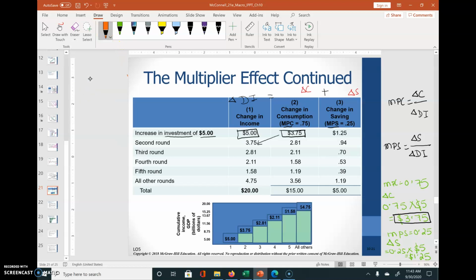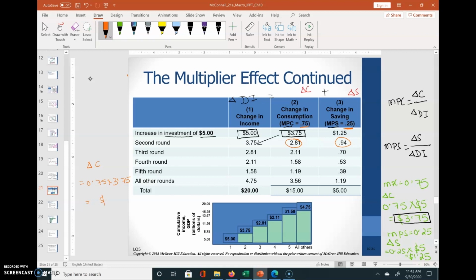That means I want to find out how we got 2.81, how we have 0.94 here. So the change in consumption in step 2 is equal to 0.75 times 3.75. Just remember, this MPC and MPS numbers will not change.